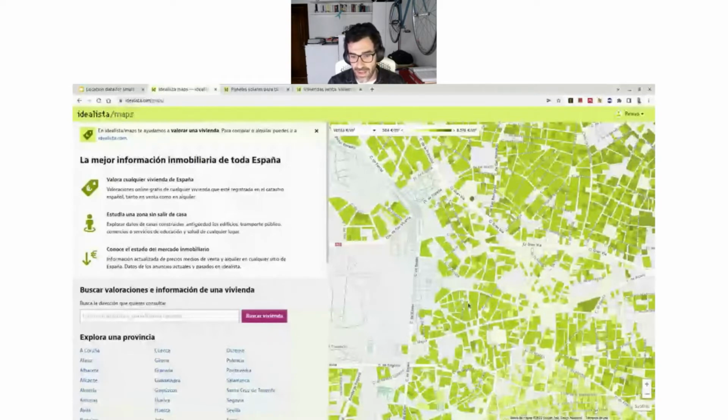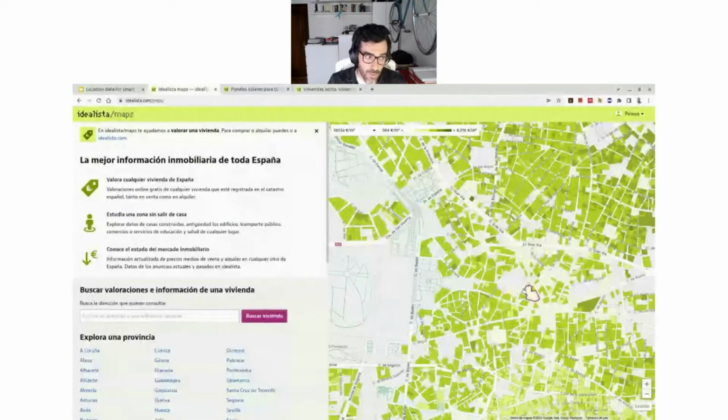It was built like 200 years ago or something like that, for finance purposes, mainly taxation. So we have worked quite hard with the Cadastre to make it as useful as possible for our purpose, which is to evaluate all the residential properties in Spain.